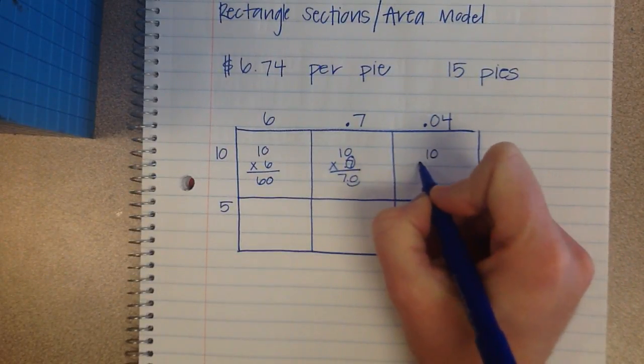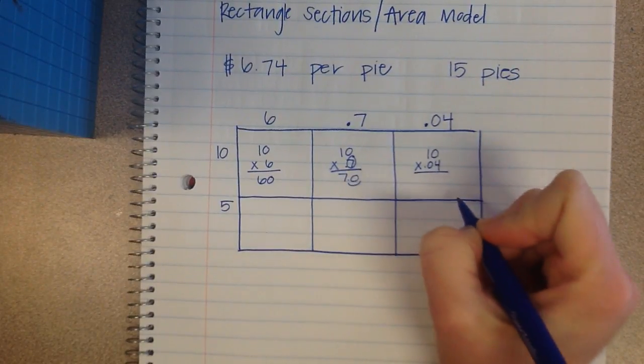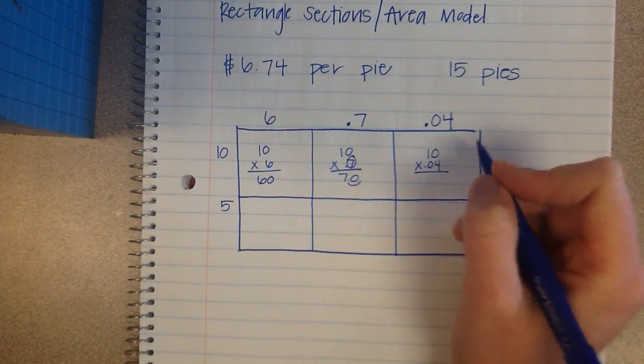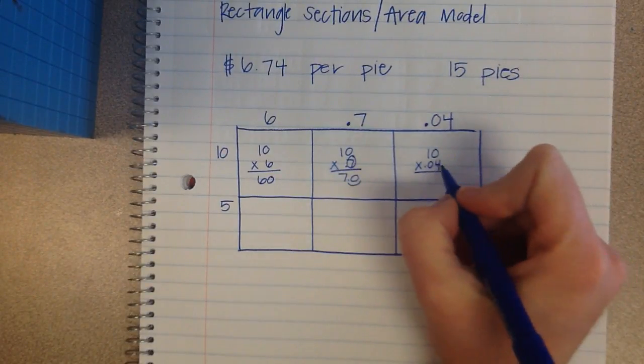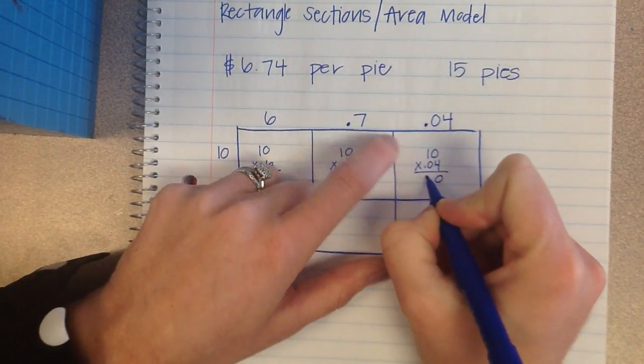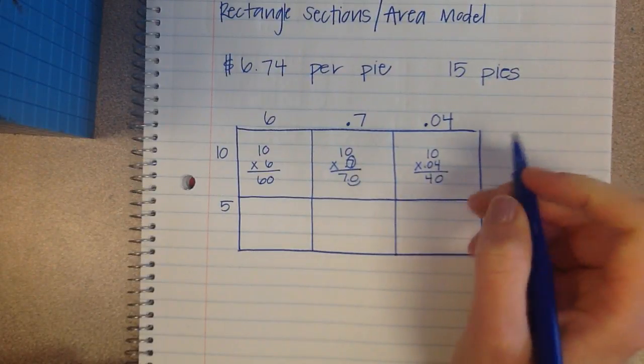Here, we're going to do 10 times 0.04, or 4 hundredths. When you're multiplying decimals, you do not have to line the decimals up. That is awesome. So I'm going to cover that. 4 times 0 equals 0. 4 times 1 equals 4. And I don't have to go down here to times 0 because I know that's going to get 0.